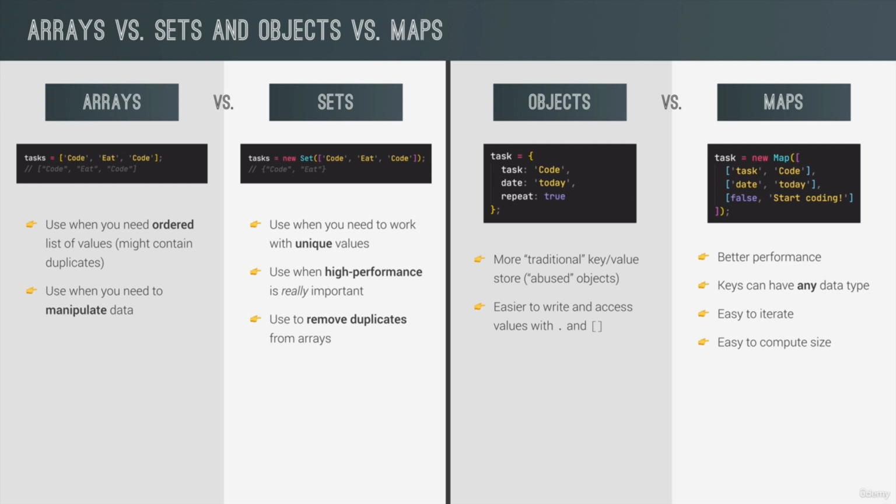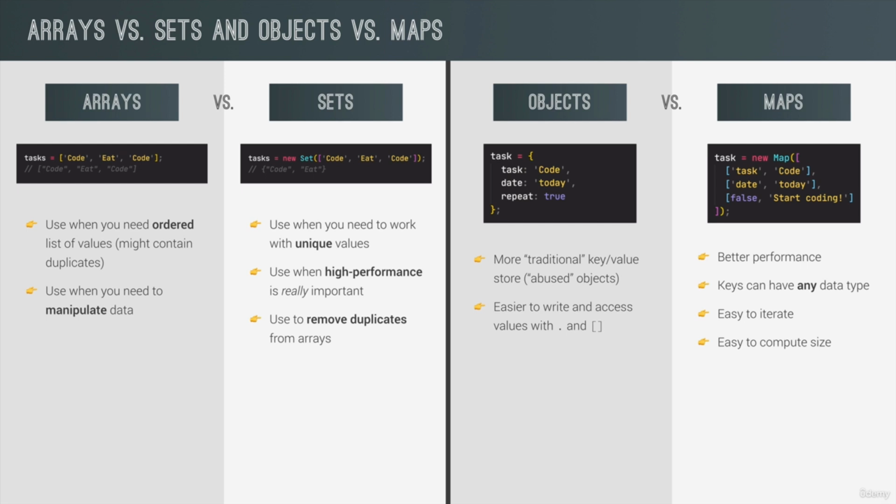Now, maps, on the other hand, are way better suited for simple key value stores, because they offer better performance, in fact. Also, map keys can have any data type, and they are also easy to iterate, and it's easy to compute the size of a map.